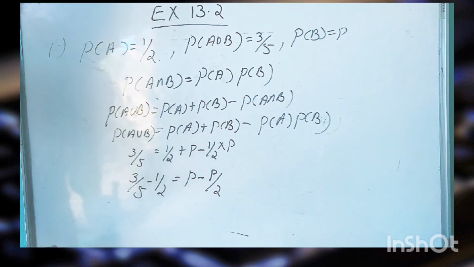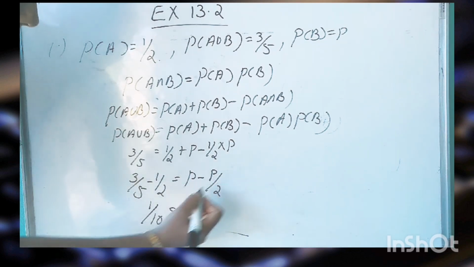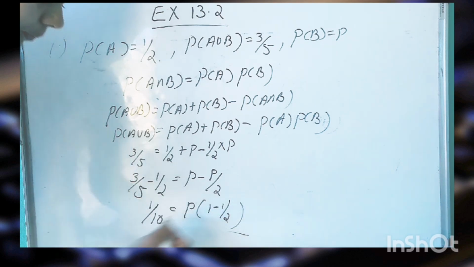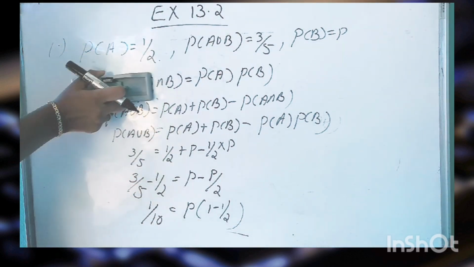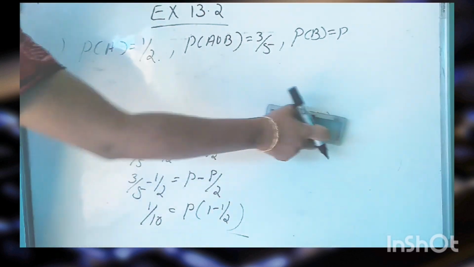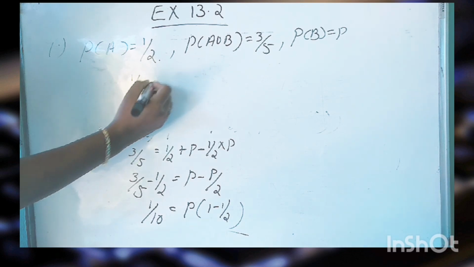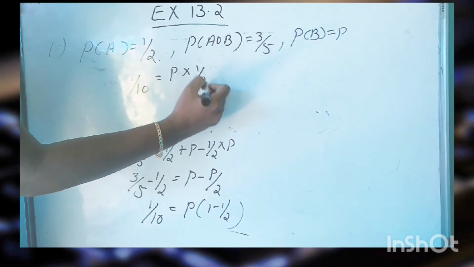3 by 5 minus 1 by 2 is 1 by 10, which is equal to P, with P common. Take it outside. It is 1 minus 1 by 2. So 1 by 10 is equal to P into 1 minus 1 by 2. That 1 minus 1 by 2 is 1 by 2. So 1 by 10 is equal to P into 1 by 2.